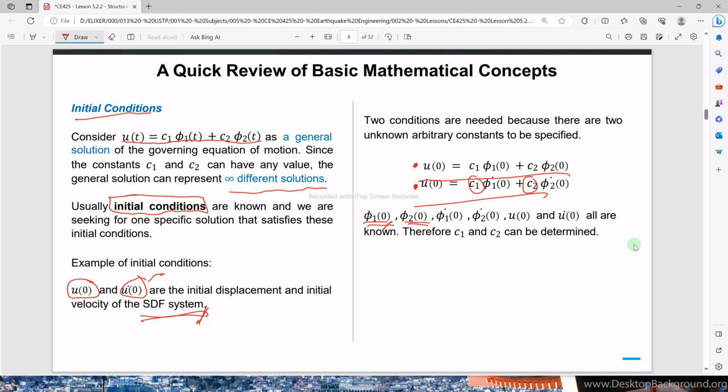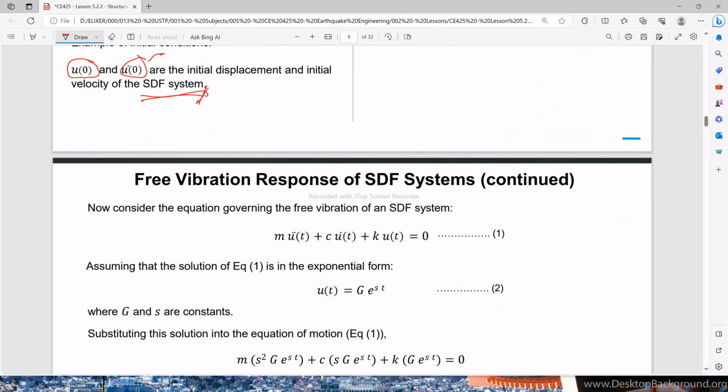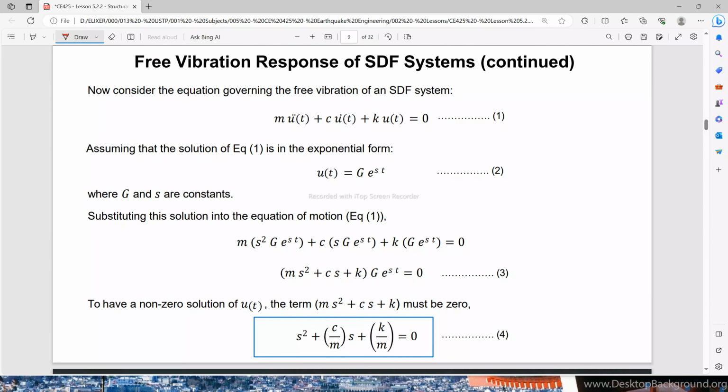This is a known function, this is an equation. We have the response velocity at time equal to 0, the initial displacement u0 and the initial response velocity u dot 0. Then we can solve for C1 and C2, the constants. So let's apply that concept to our free vibration response.